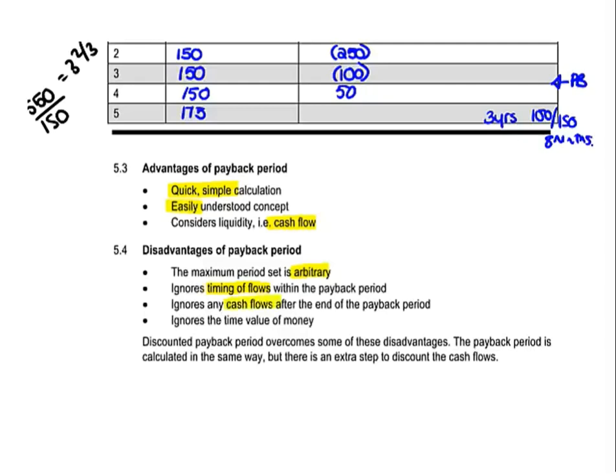It also ignores cash flows after the payback period, and in ignoring the timing, doesn't think about that concept that we've just said, which was very important, which was the time value of money. Some of the disadvantages can be overcome by discounting the cash flows and preparing what we call a discounted payback period. It's calculated in the same way, but there's another step to discount the cash flows.